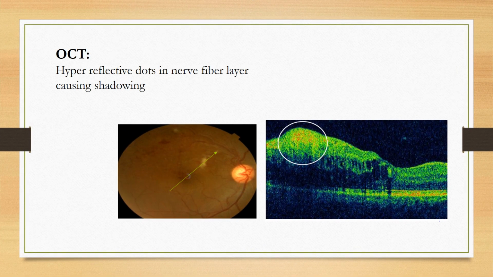As I said before, it will appear fluffy. Just see here, how fluffy it is. And there will be a few hyper reflective dots which again cause shadow from further being imaged. Fine.